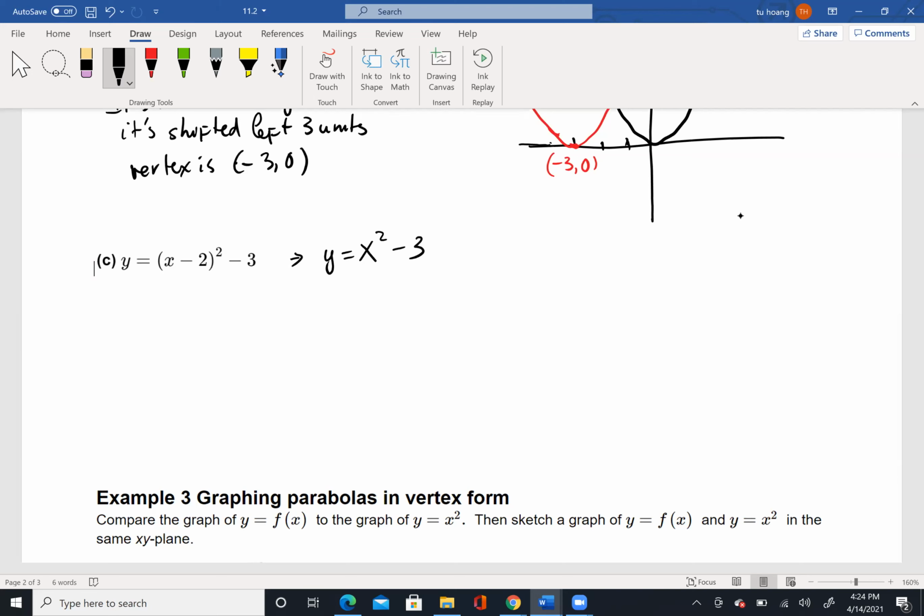So basically this is a combination between shift right and shift down.